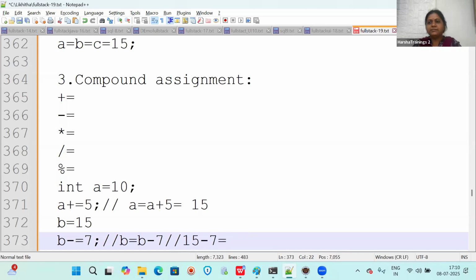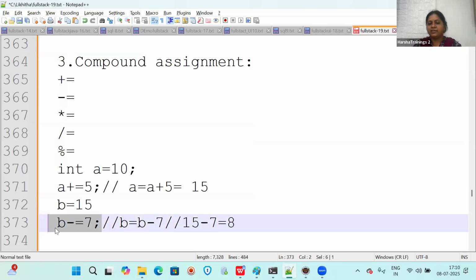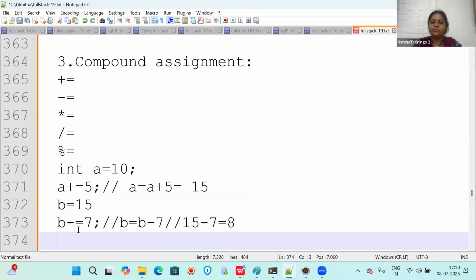So what is the answer? 8. When you write it, it internally performs this and gives you this value. You will see this kind of representation in some examples, so you should not get confused. Whenever you use arithmetic and assignment together, it is called compound assignment.